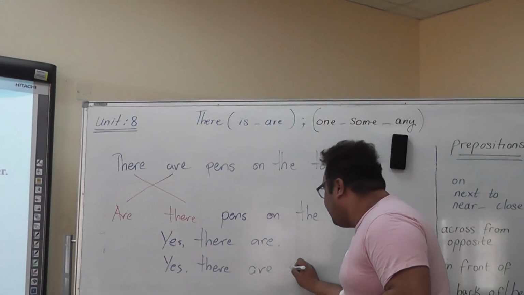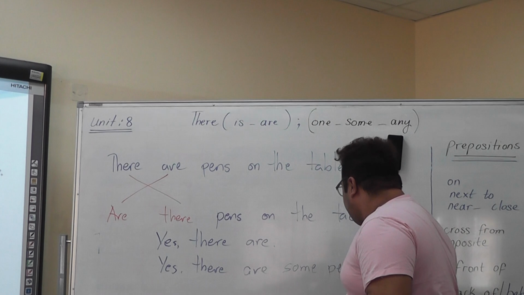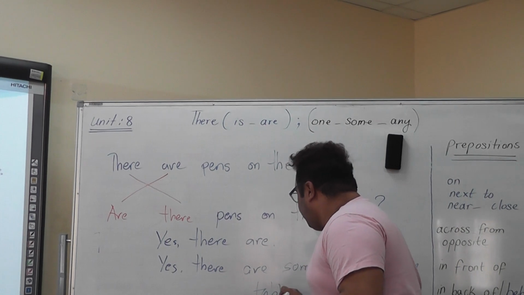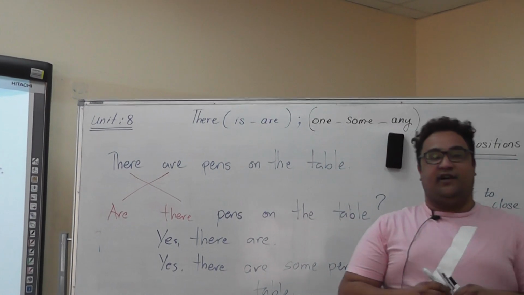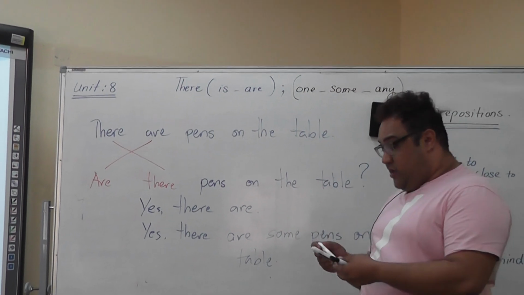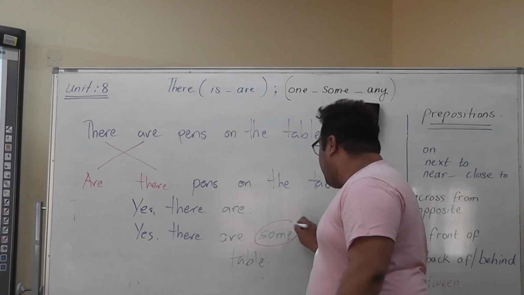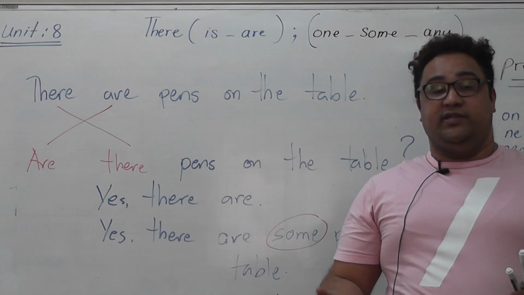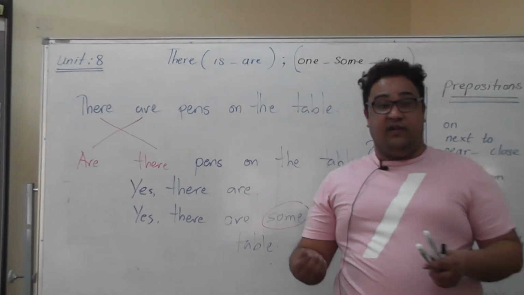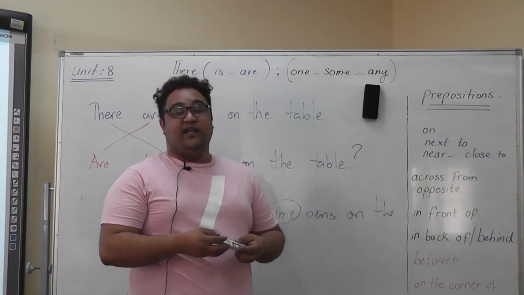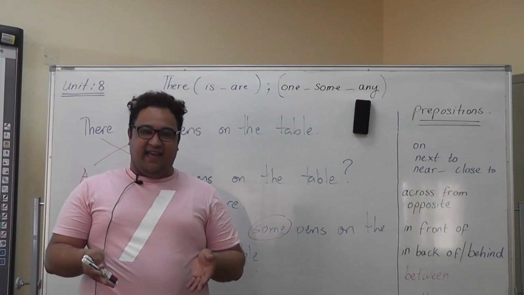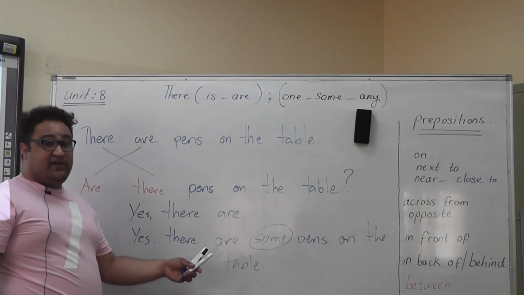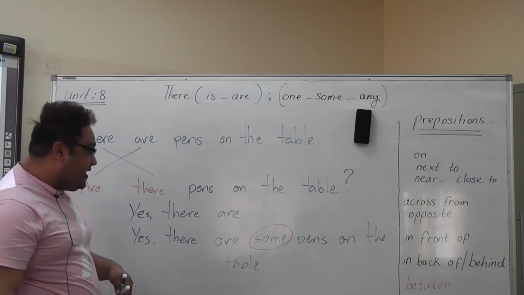Take note that we made use of the indefinite pronoun some. So when do we use some? We use some when we talk of either countable or non-countable nouns in an affirmative sentence. Okay, so this is an affirmative sentence. Yes, there are some pens on the table.